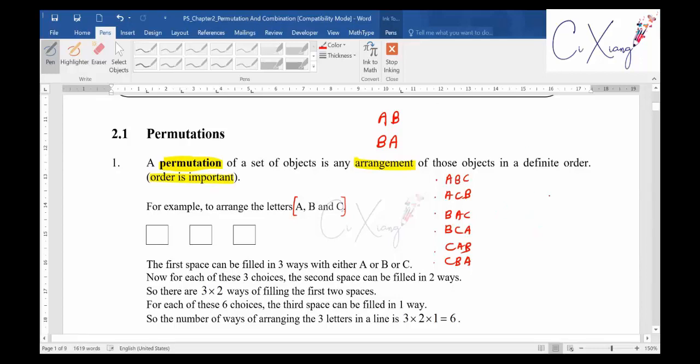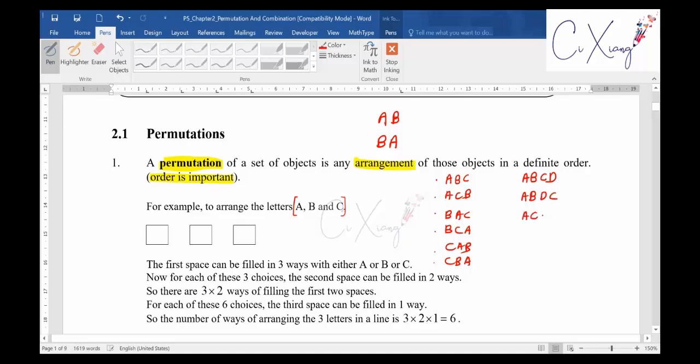And then if you want to arrange A, B, C, and D, of course one of the ways is you can write it out. But this method is not good, because you need time to list out all the results. You can see that for 3 letters, you already have 6 different patterns. Can you imagine, if you have 4 letters, how many arrangements will you have?